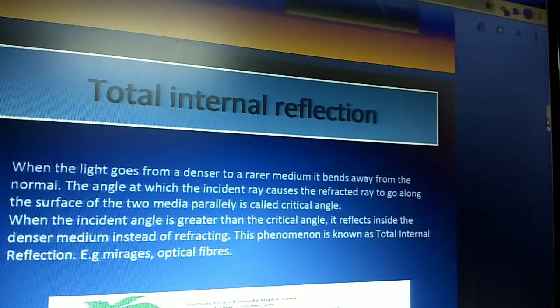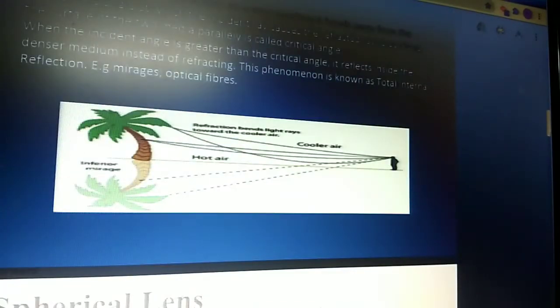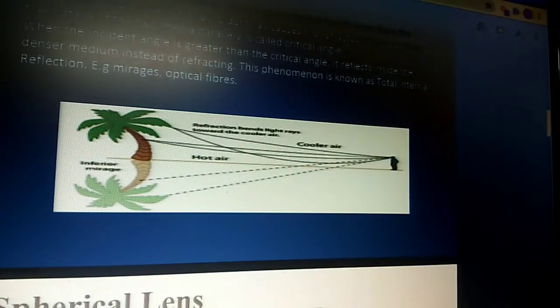Example: mirages. A mirage is nothing but an optical illusion. In the hot summer season, when we are moving on a concrete, highly polished road, we see that water is present in front of us.